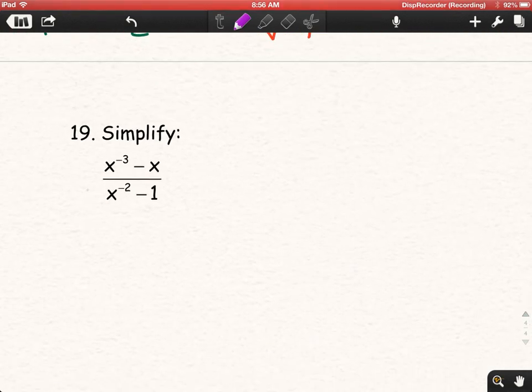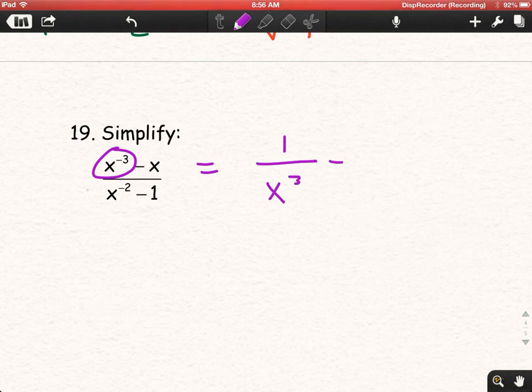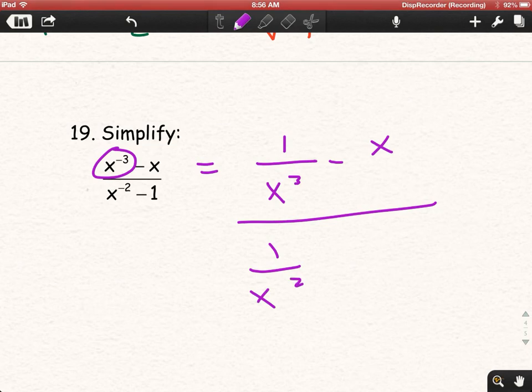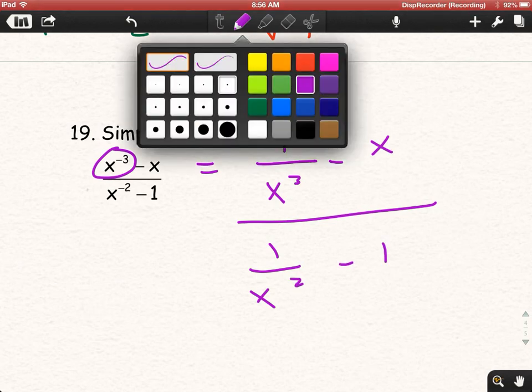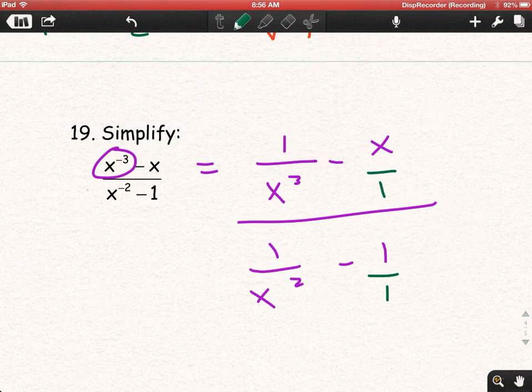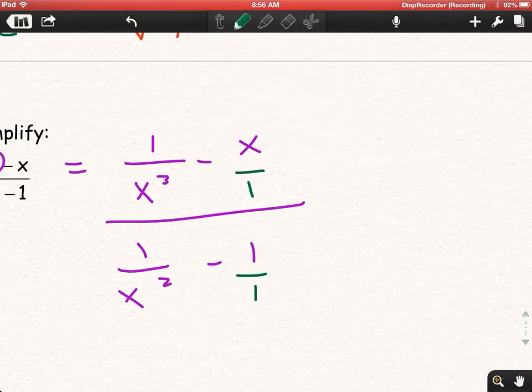Finally, number 19. So we need a common denominator here, over 1, and so the common denominator for here is x cubed. I need x squared.